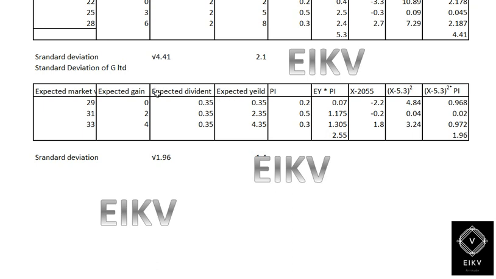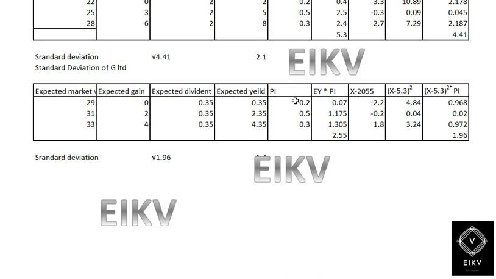So when we add the expected gain plus expected dividend, it will give you the expected yield as 0.35, 2.35 and 4.35. When we multiply it with the probability, which is PA, that is 0.3, 0.5 and 0.3, we will get the x bar. So when we take the total, it would be 2.55. So we need to deduct this 2.55 for x minus x bar.